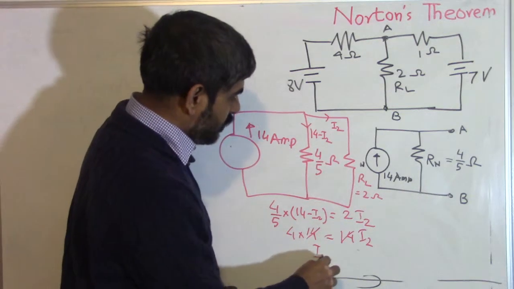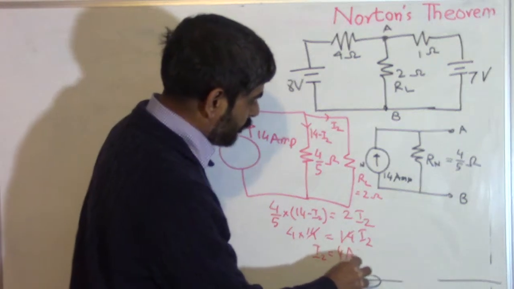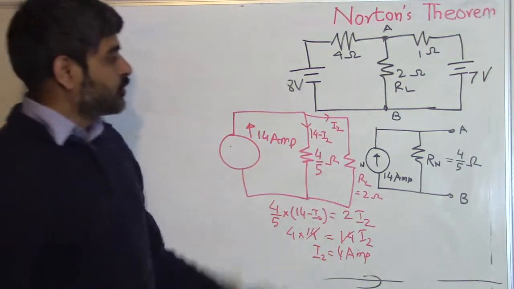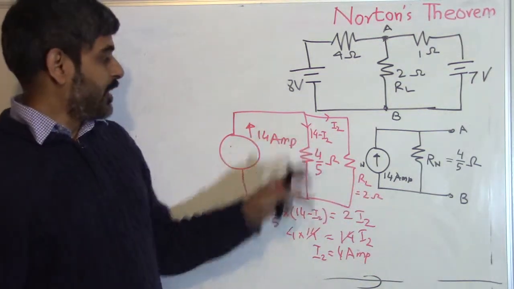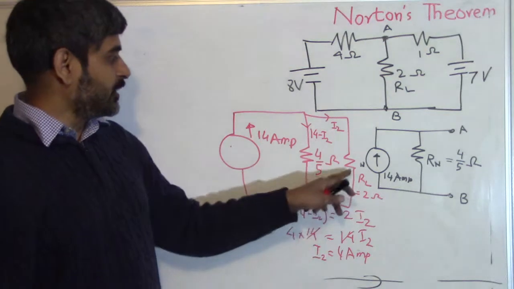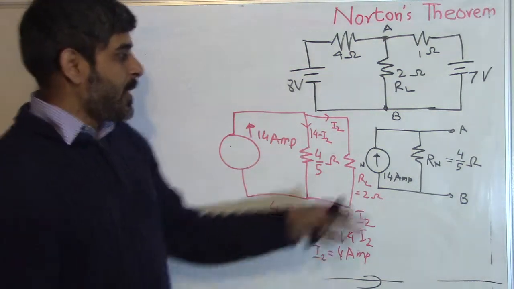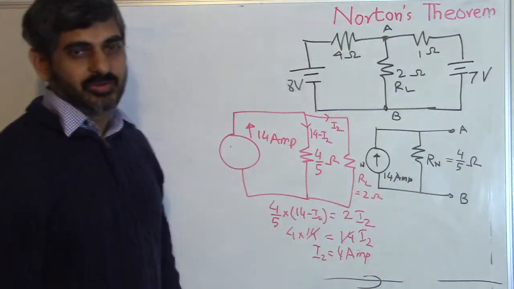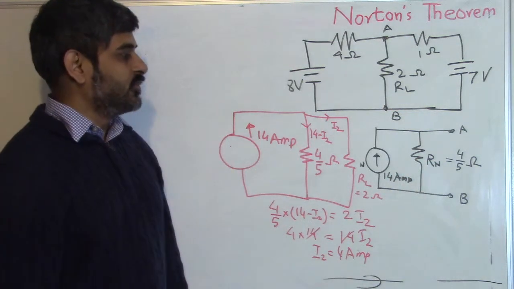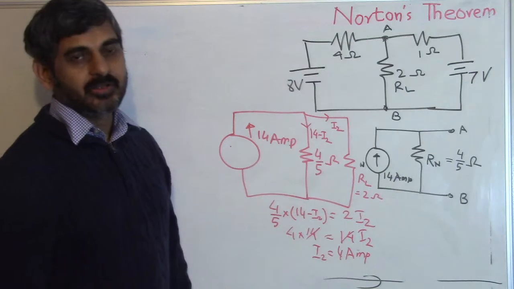We have I2 equal to 4 amp. So for this 2 ohm load, we can calculate the current as 4 ampere, and that will flow into this. Now we can keep on changing this resistor for different values, and we can keep finding the current.